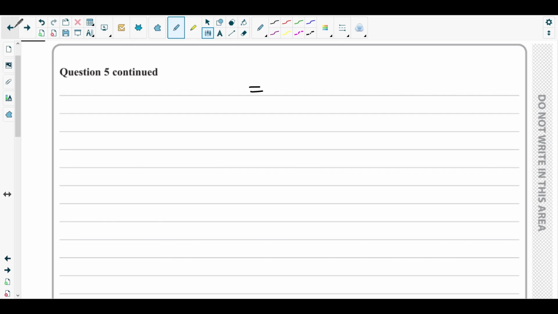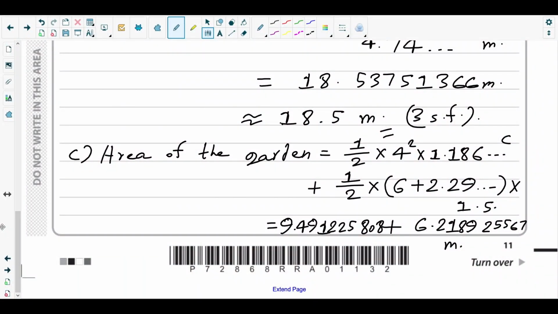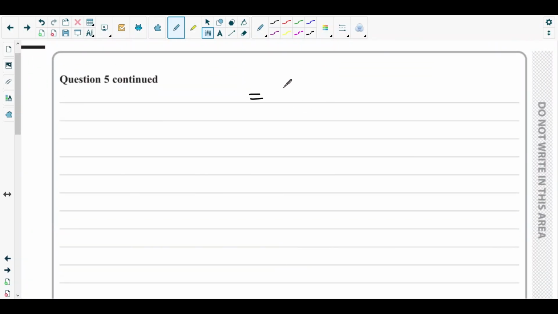9.491225808 plus the previous value we got, 6.2189255667. So that would add up to give you 15.71015138 meter squared. So up to three significant figures we can write 15.7.